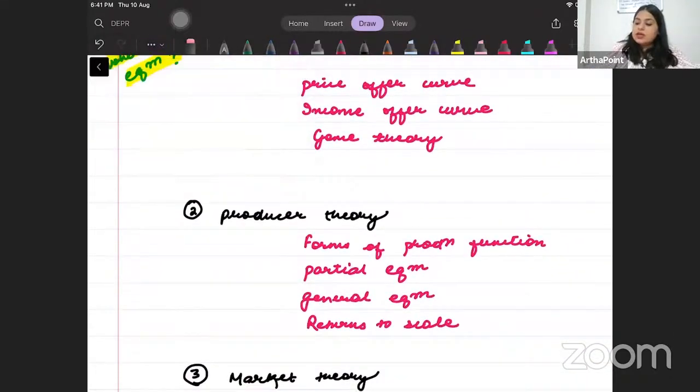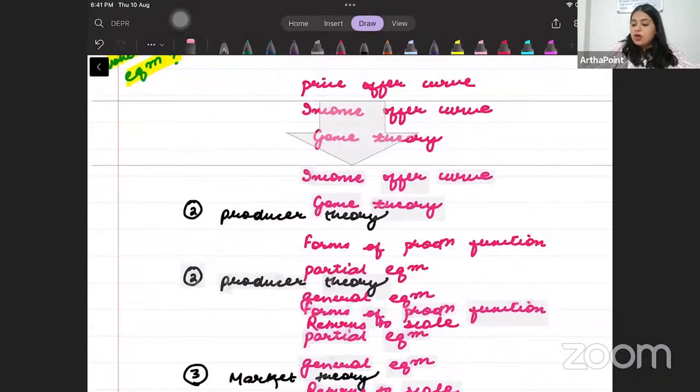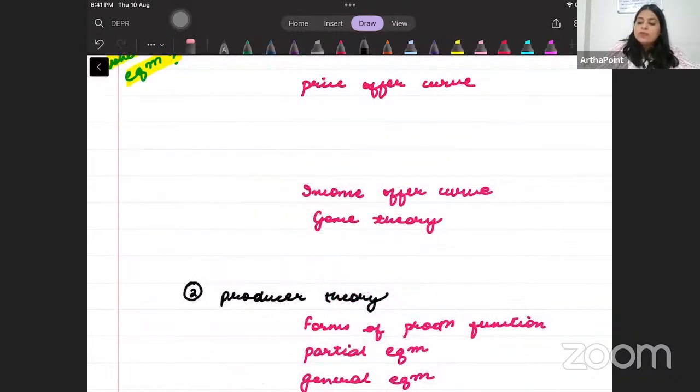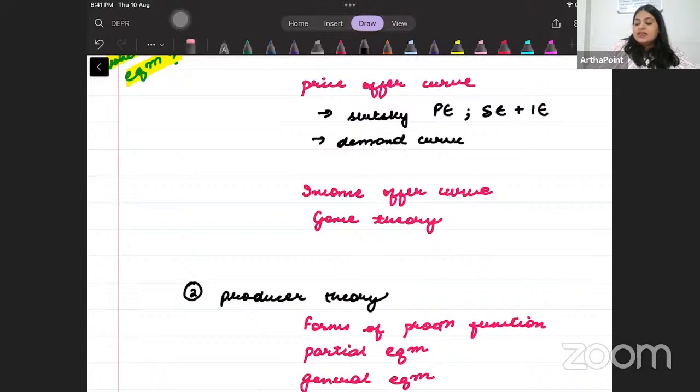Price offer curve and income offer curve. So when I talk about price offer curve, not only price offer curve, but you should be aware about Slutsky equation. What is price effect? How is that divided into substitution effect and income effect? Okay. You should be aware of the demand curve. Why it is upward sloping for Giffen goods.